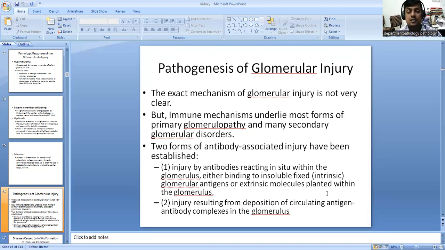Number one is injury by antibodies reacting in situ within the glomerulus, either binding to insoluble fixed intrinsic glomerular antigens or extrinsic molecules planted within the glomerulus. Number two is injury resulting from deposition of circulating antigen antibody complexes in the glomerulus.